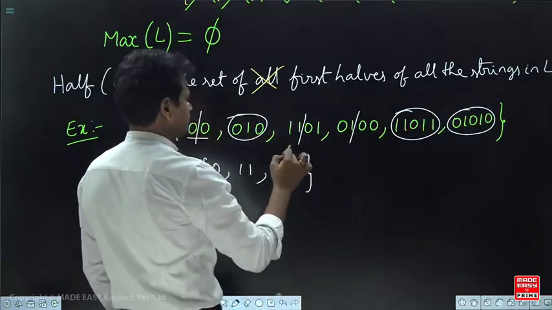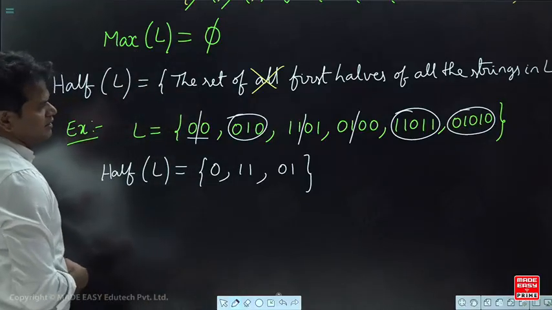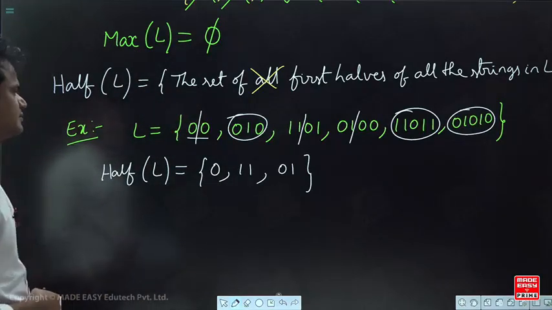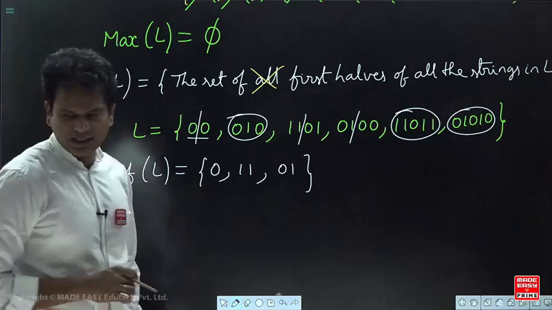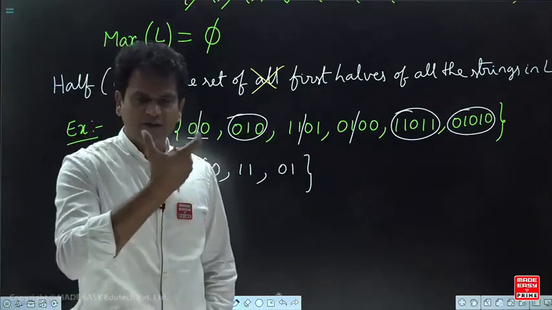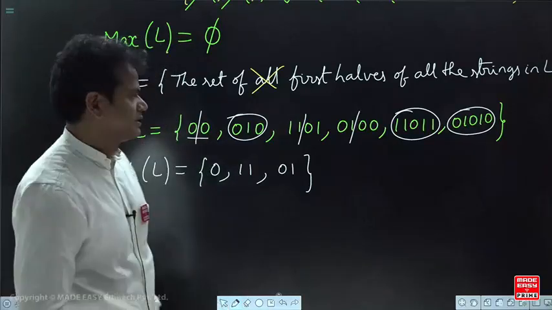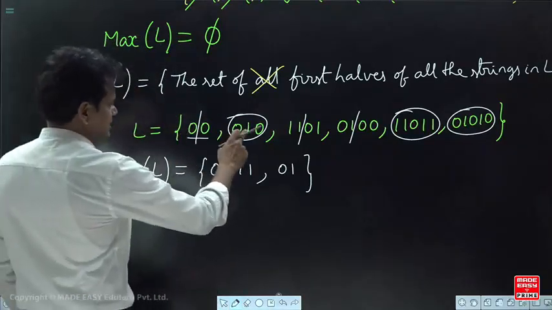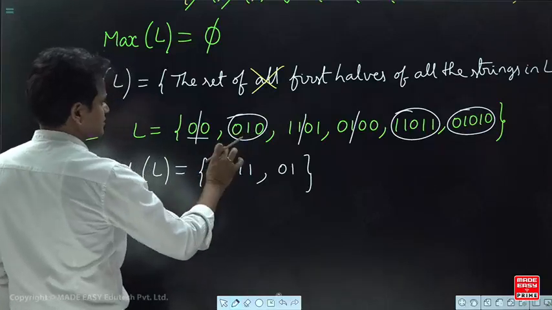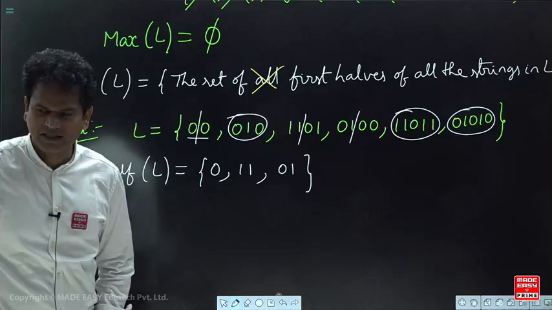Then this is the only half of L. Do you understand? Those having even length, whatever the first half, you take in half of L. That's it. So if L is regular, half of L is also regular.